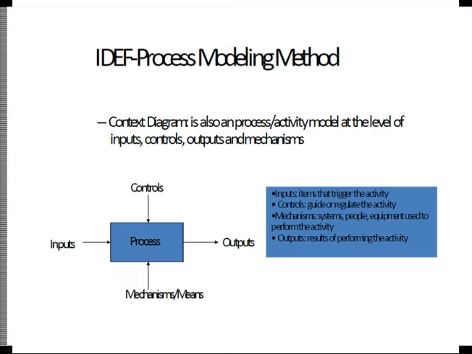Question is, what are controls? Well, I've stated it here. Controls guide or regulate the activity. So if something is being used in a process, telling people how to act in a certain way, that is looked at as a control.